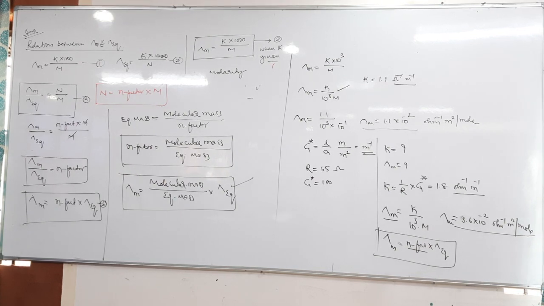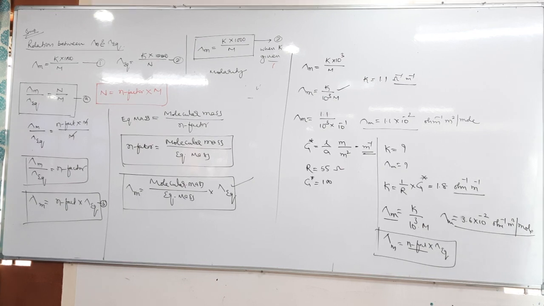What is the cell constant if the specific conductivity of the solution is 0.146 into 10 power minus 3 ohm inverse meter inverse?